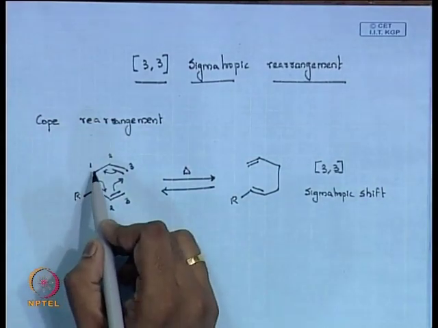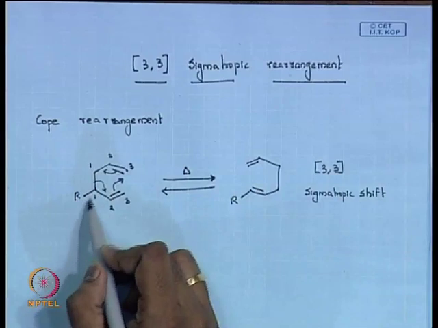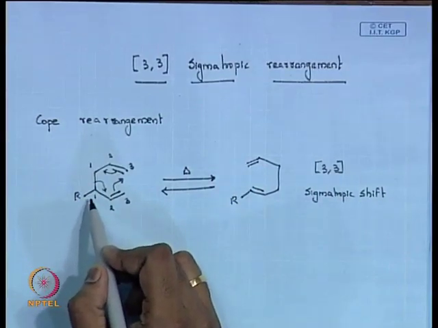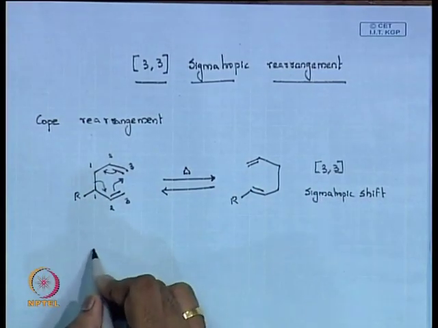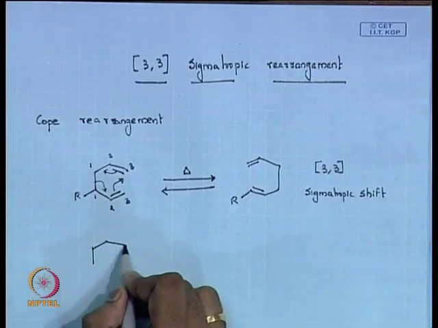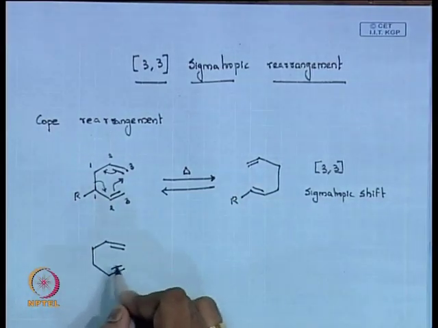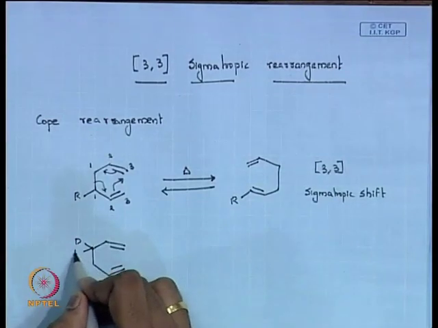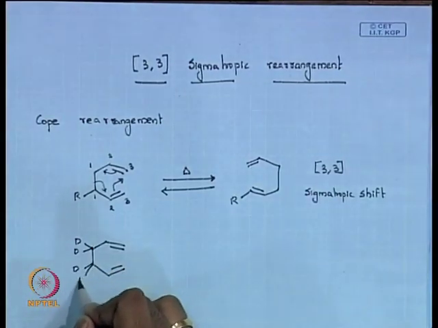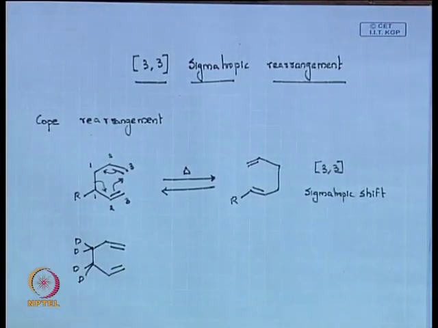For example, I can deuterate here, 2 deuteriums. For example, I am taking this compound, so 4 times deuterium.